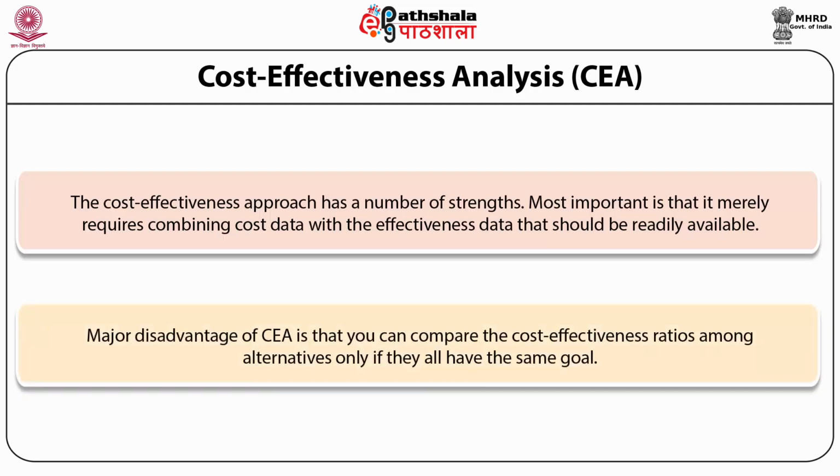A major disadvantage of CEA, or cost effectiveness analysis, is that you can compare the cost effectiveness ratios among alternatives only if they all have the same goals and objectives. This is another disadvantage of cost effectiveness analysis. How can we evaluate cost effectiveness analysis in libraries?